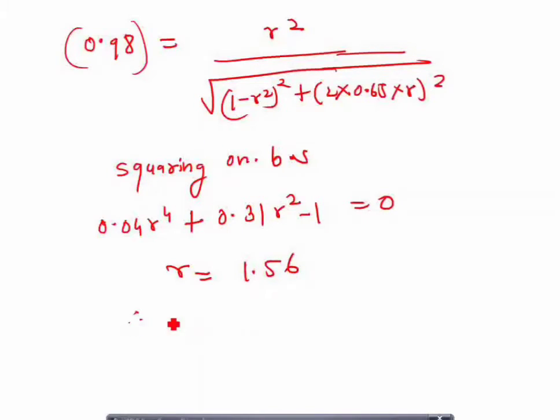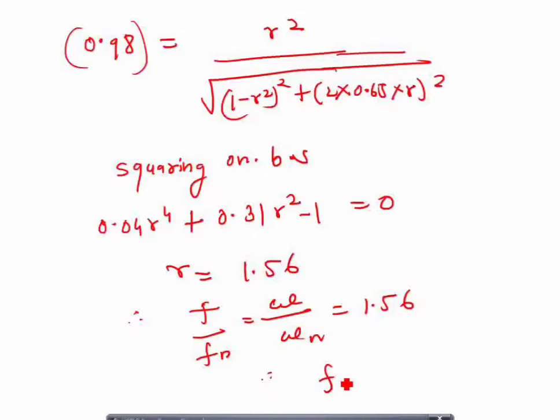Right? So now we know that r is nothing but the ratio of f upon fn, is equal to omega upon omega n, is equal to 1.56. Now what is fn? 5.75. So from this I will get f, the frequency which they have asked, so that the error will not go beyond 2%, that is f is equal to fn into 1.56.